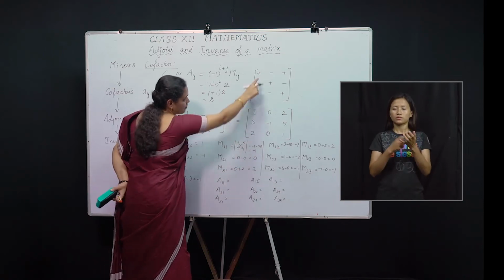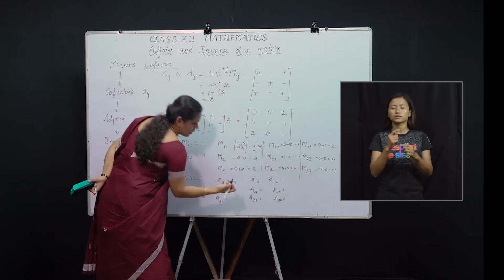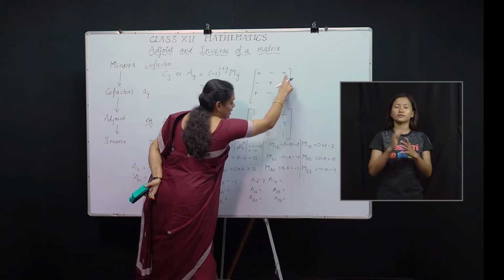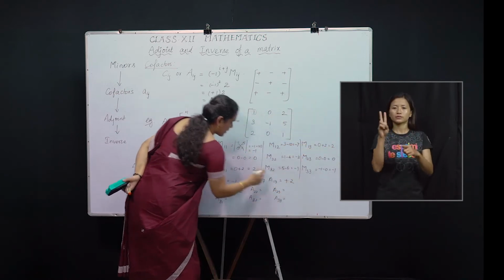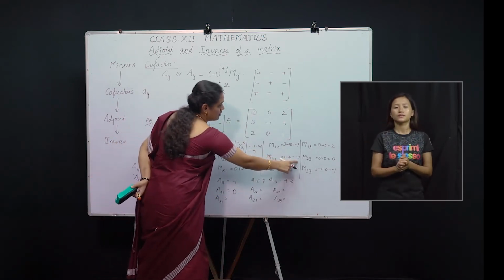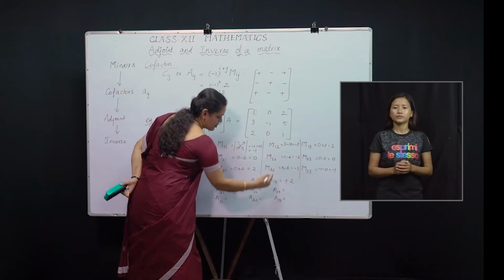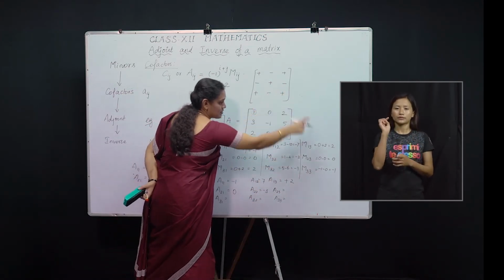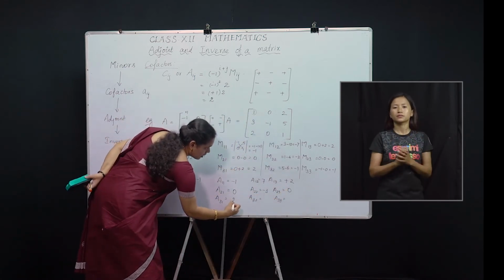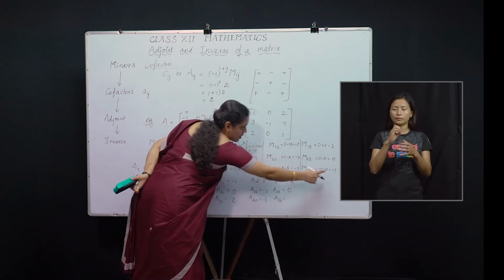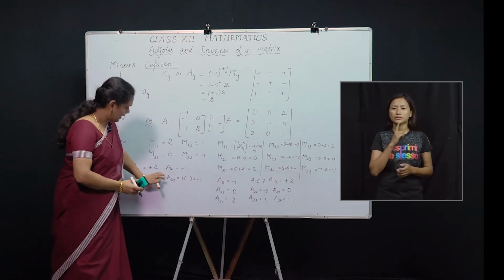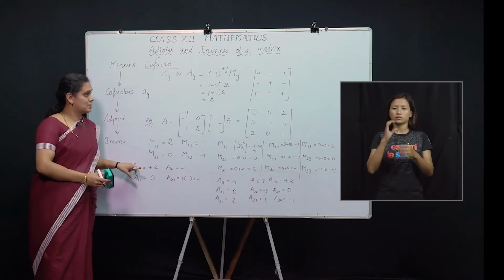Here we give plus, so plus into -1, -1, and here minus, minus into -7, +7, and here plus, so +2, and here minus, so -0, we can write it as just 0, and here the sign is plus, so plus into -3, -3, and here minus, so minus into 0, so just 0, and here again plus, so +2, and this is minus of -1, +1, and this is plus of -1, -1. Yeah, so we introduce signs in front of the minors to get the cofactors.